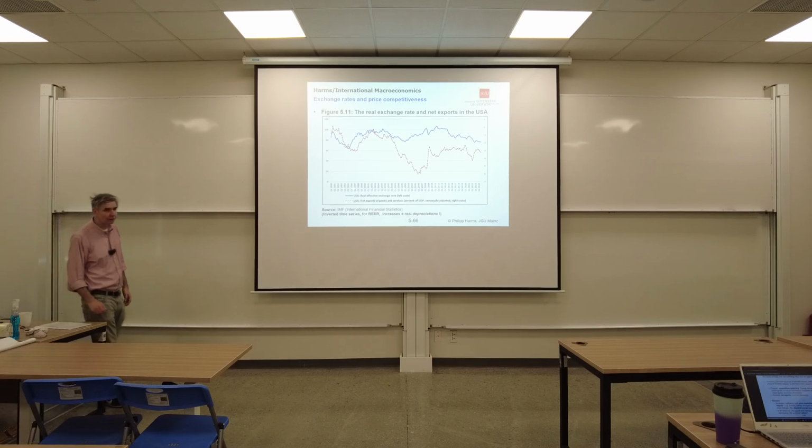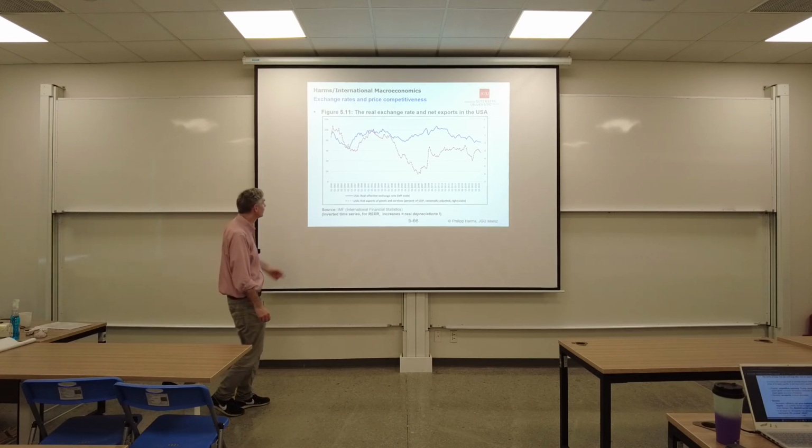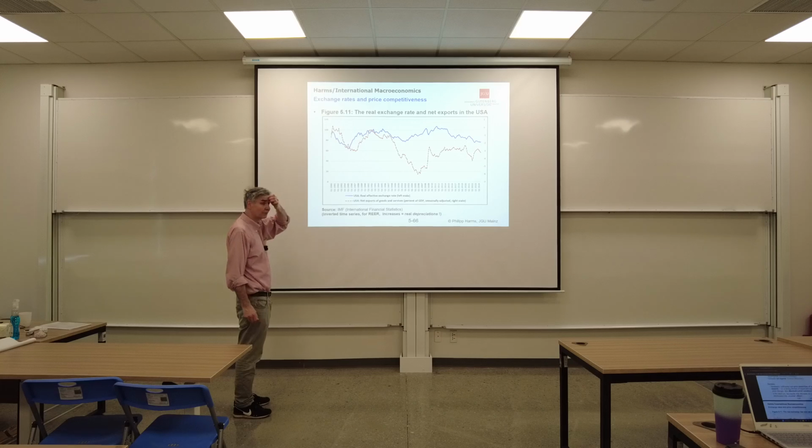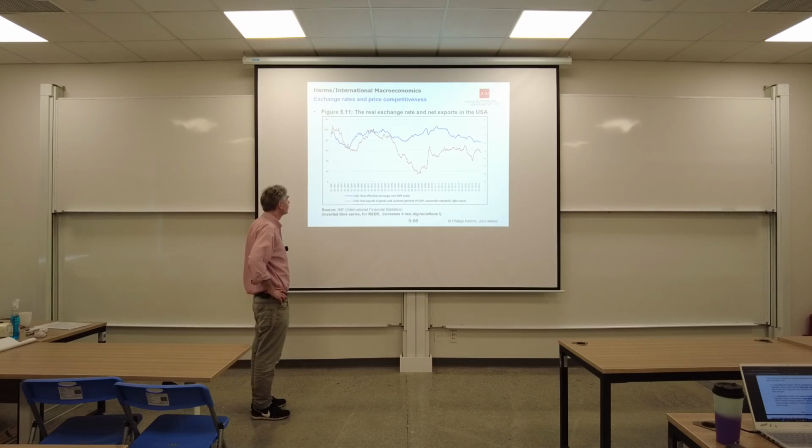Now, before we go into that, the J-curve effect, this is a slide that I showed you on the very first day, right? It gives you the real effective exchange rate of the United States in price notation. So if it goes down, it's an appreciation. If it goes up, it's a depreciation. And you have net exports of goods and services of the United States relative to GDP.